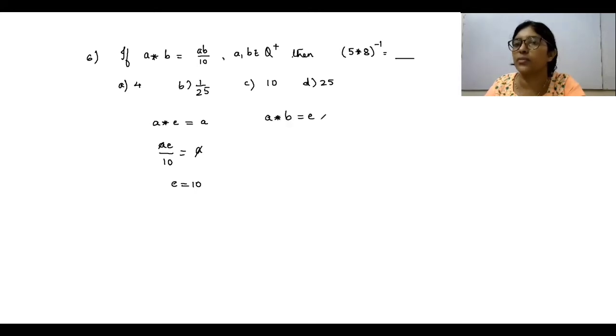And for the inverse, we should have A star B equal to E and also equal to this. But since AB upon 10 is the same as BA upon 10, we'll not consider this one. We'll just take one side. E is 10.